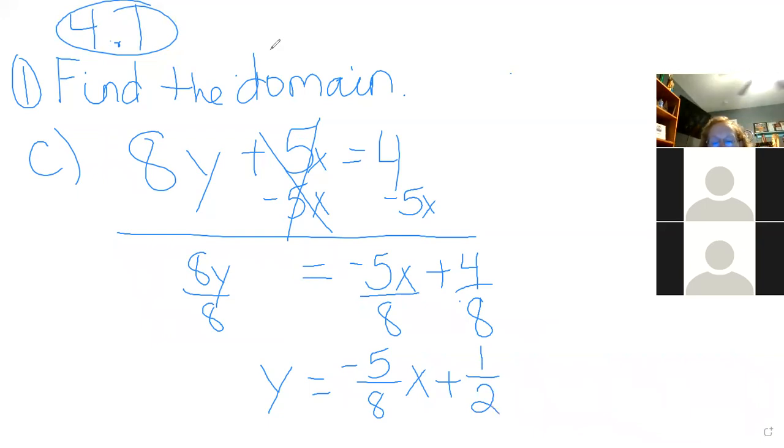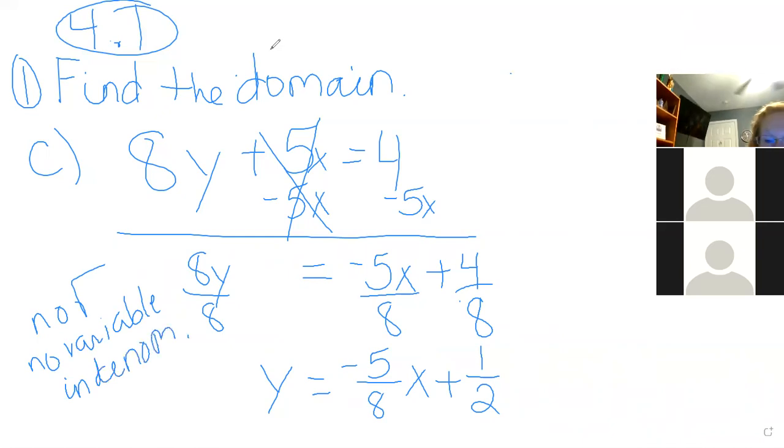That's great. The problem is that didn't answer my domain question. And so you can do one of two things here. You can either go back to our algebra rules that we talked about on the last one. And remember, in this particular problem, there are no square roots, and there is also no variable in the denominator.